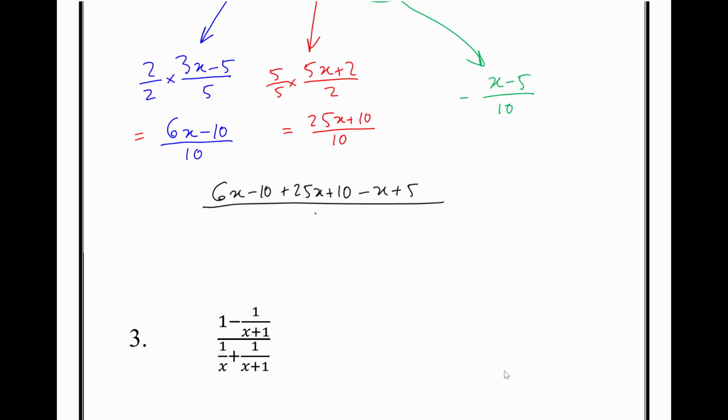And that is just all over 10. Simplifying a bit further, we have 6x plus 25x minus x to give us 30x. In terms of the constants, we have minus 10 plus 5 to give us plus 5. And this is all divided by 10.